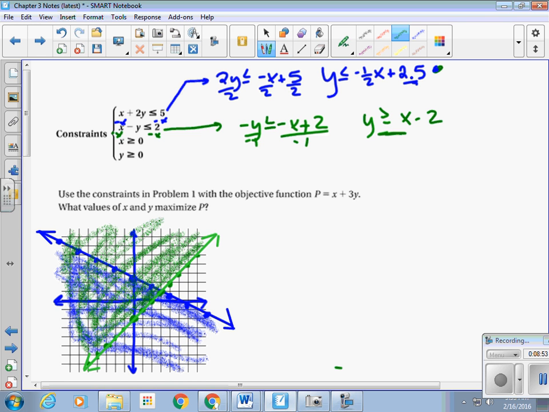So where the two overlap is right around this little triangle there. Don't forget, I have 2 more constraints to add in. So I'm going to have x greater than or equal to 0. So that is this vertical line here.